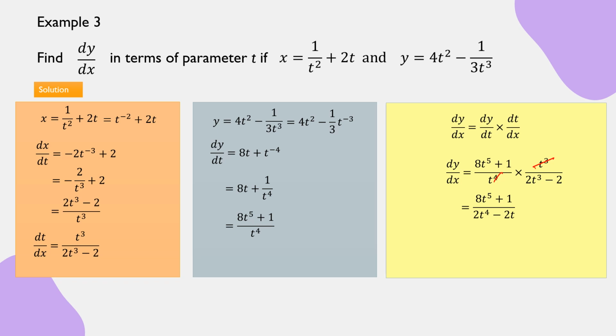So we get 8t to the power of 5 plus 1, and then t times 2t to the power of 3, 2t to the power of 4 minus 2t. Or we can factorize to t: 8t to the power of 5 plus 1 over 2t times t to the power of 3 minus 1.